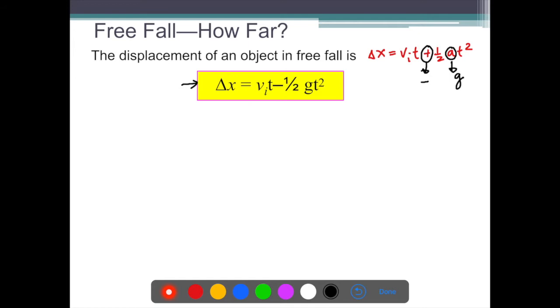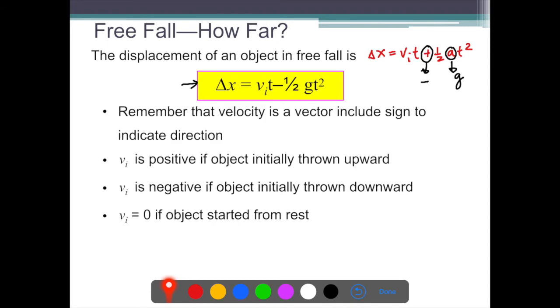So this equation for displacement also takes into account the initial velocity and the time when we want to measure the displacement. Since velocity is a vector, remember to include the sign to indicate its direction when you're using this equation to solve for the displacement.